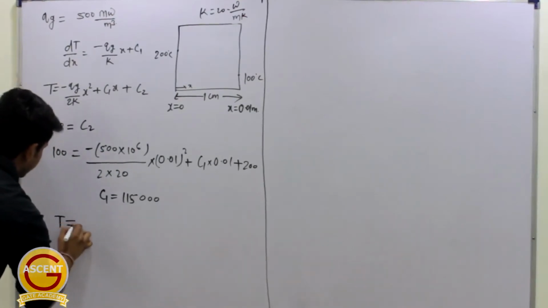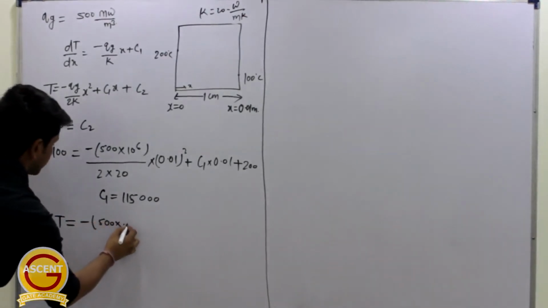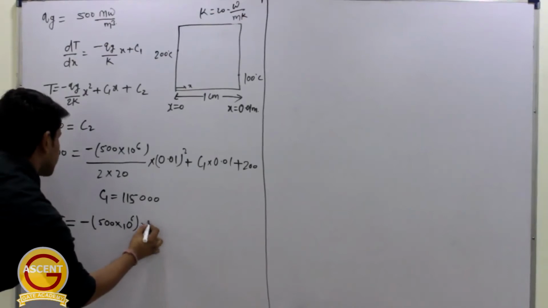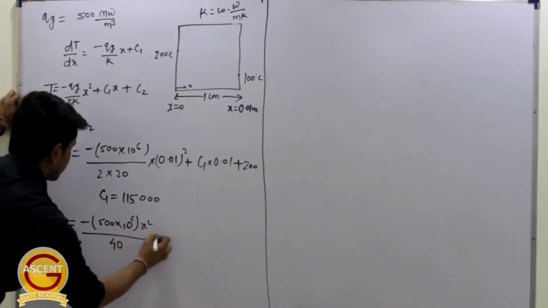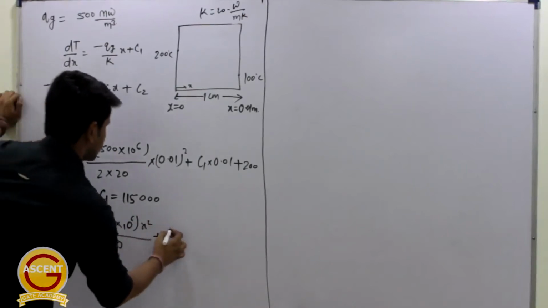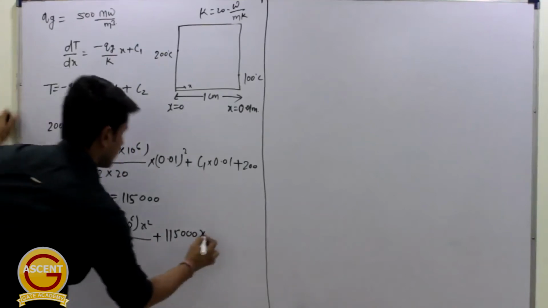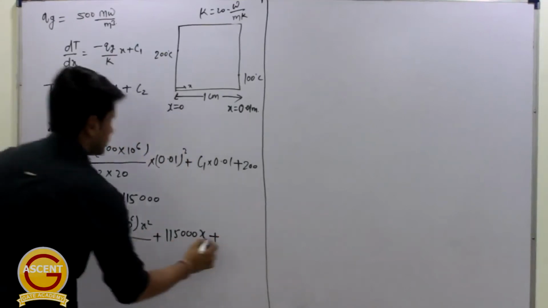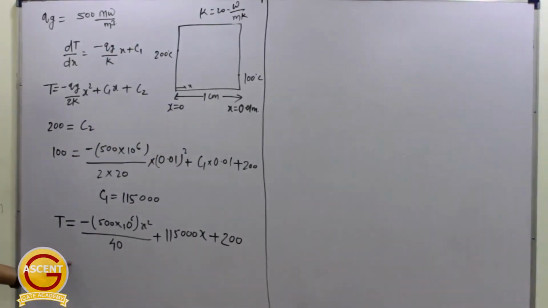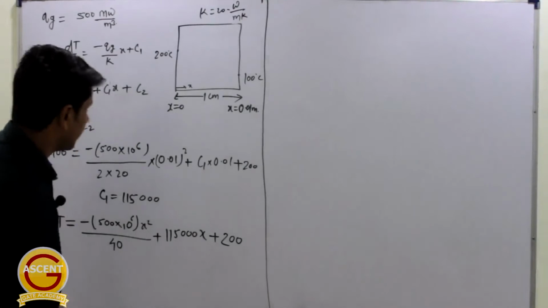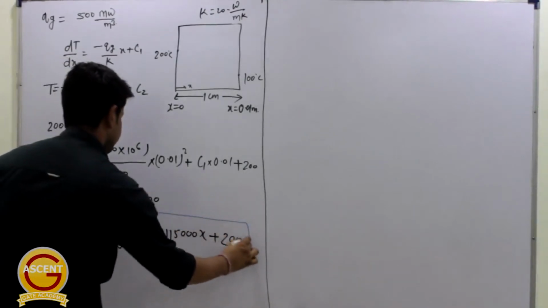So the temperature profile will be: minus 500 into 10 power 6 into x square divided by 2 into K, which is 40, plus 115,000 into x plus C2, which is 200. See, now in this temperature profile there is only one unknown, which is x, right? So this is the temperature profile in terms of x.